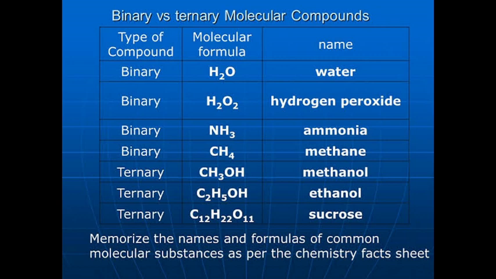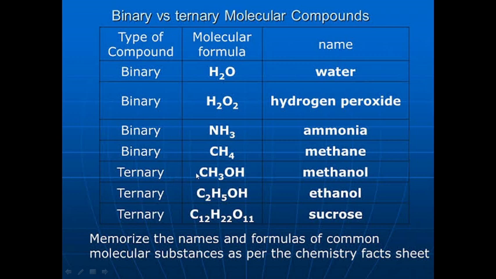Another is NH3, or ammonia, composed of two elements, hydrogen and nitrogen. Then another binary example is CH4, or methane gas, composed of two elements, carbon and hydrogen.